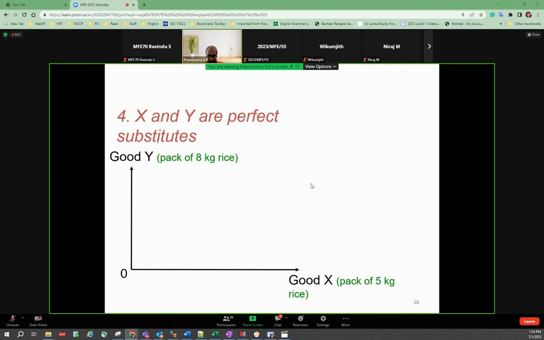Now, let's say the two goods are substitutes. Here I use 8 kilo rice and 5 kilo rice. Whatever the rice, it's the same rice, only the packet weight is different. So if you take both rice in that way, that's perfect substitutes. In that case the perfect substitute indifference curve is like that, a constant slope.